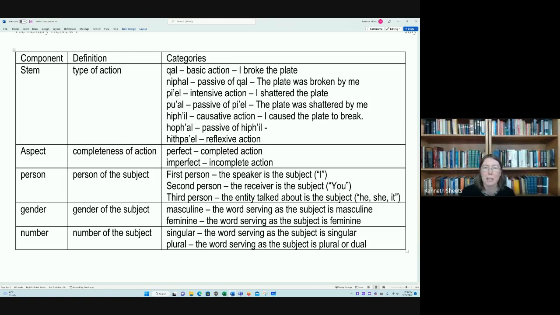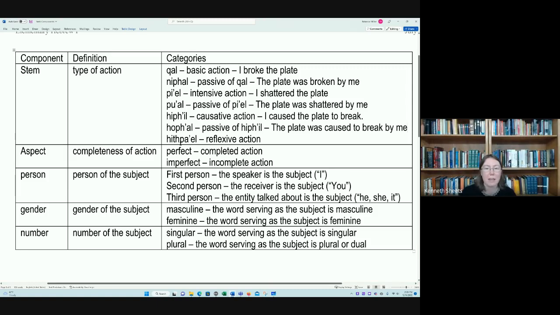Now, as well here, the hifil has a passive idea, which we call the hofal as well. And so in this instance, just as in the others, this would be where the subject is receiving the action. So thus the plate was caused to break by me, we might say.